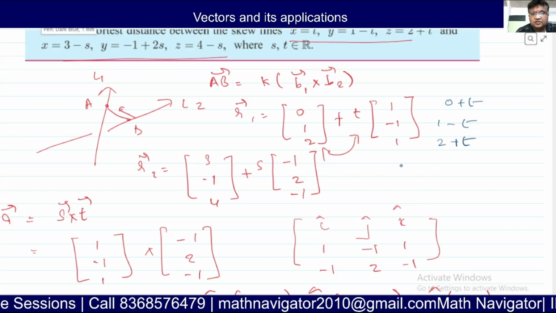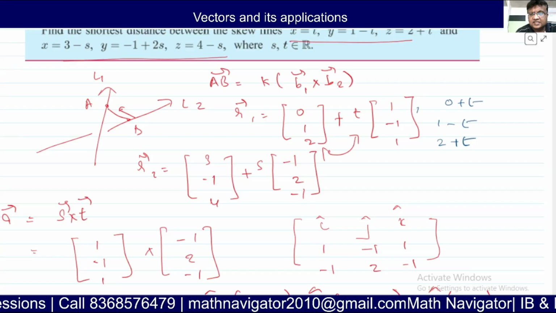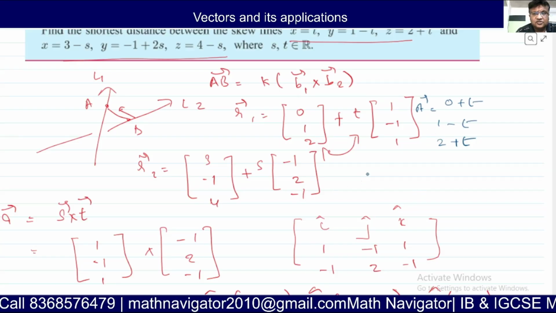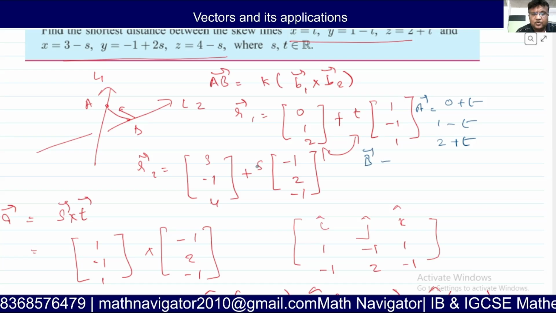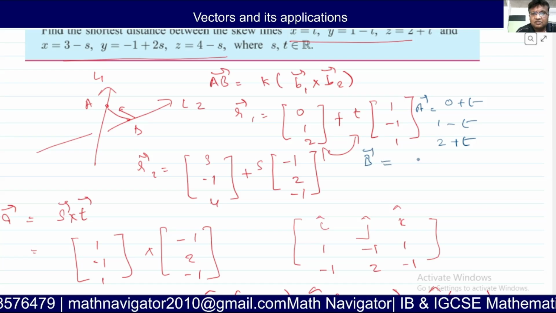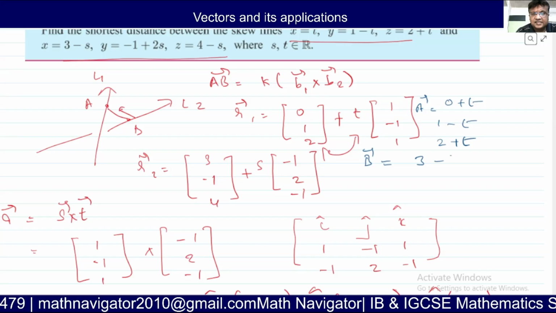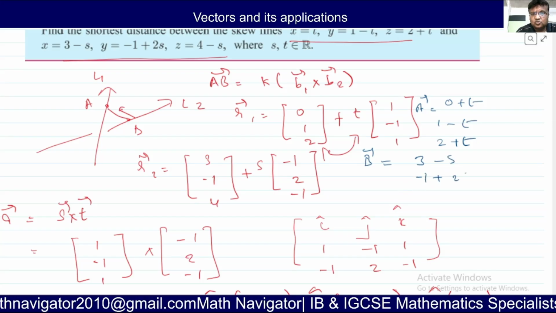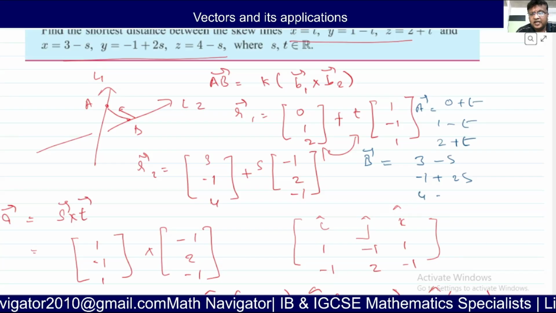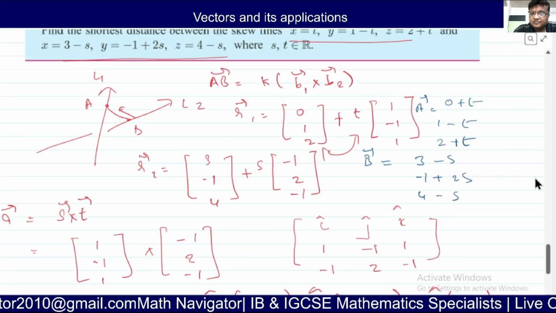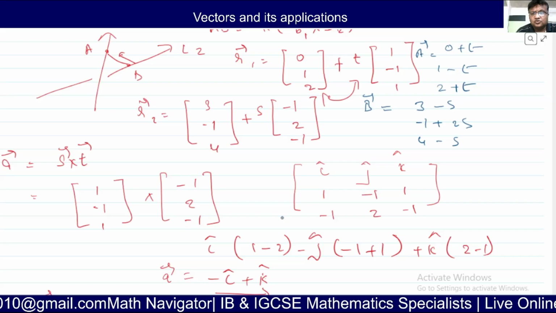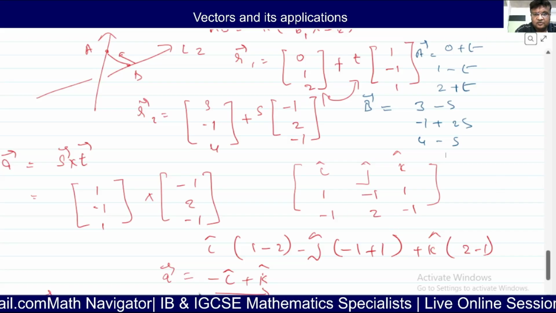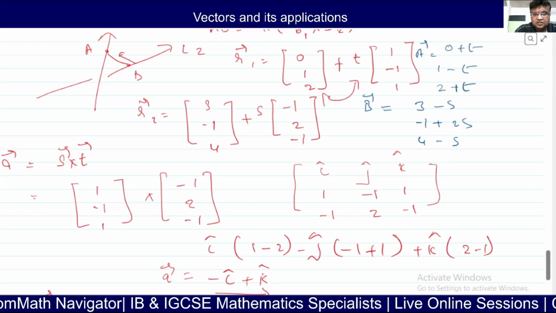And general point on this line will be 3 minus s, minus 1 plus 2s, 4 minus s. So I need to do vector B minus vector A, which will be vector AB.